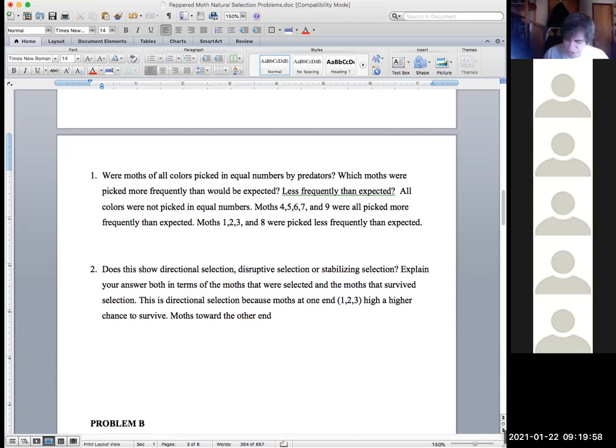Moths towards the other end have a lower chance to survive. Now notice, you might think, okay, well, number 8 completely tears down the idea of directional selection.